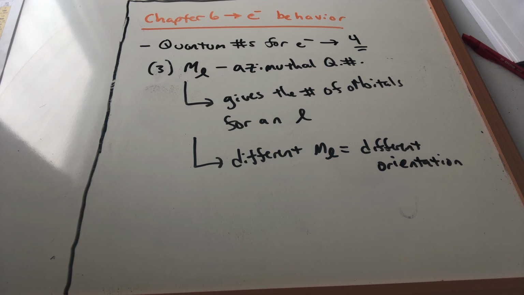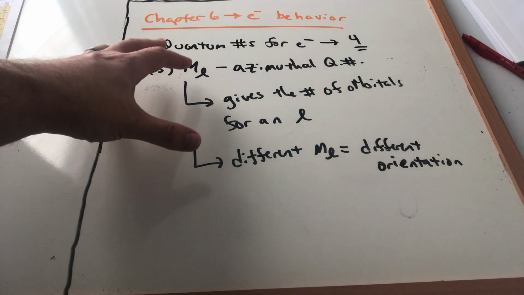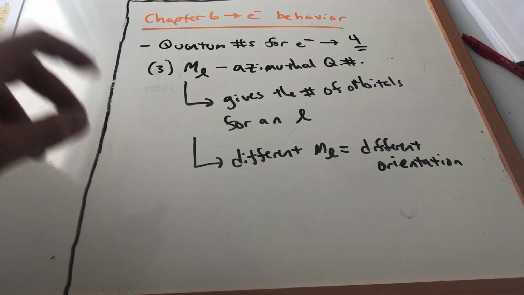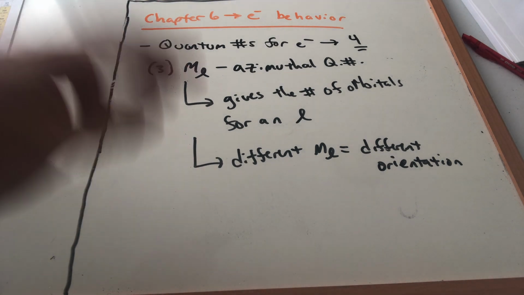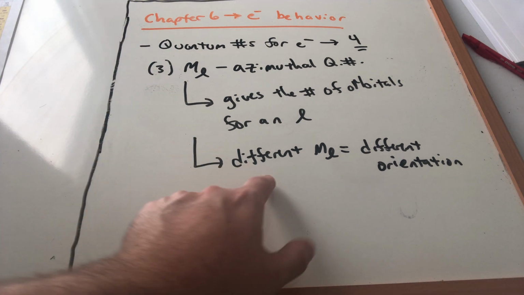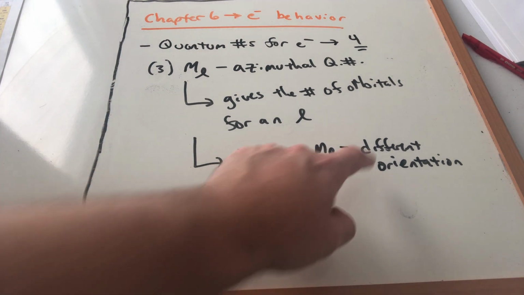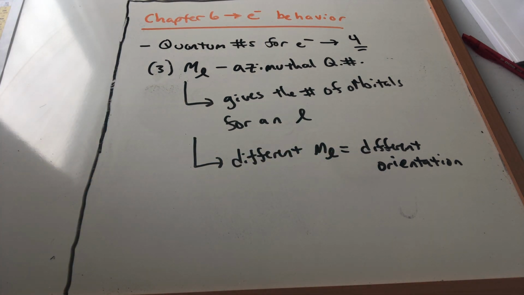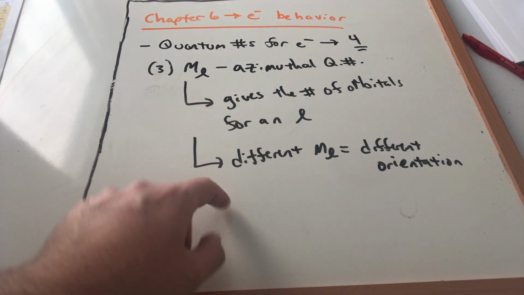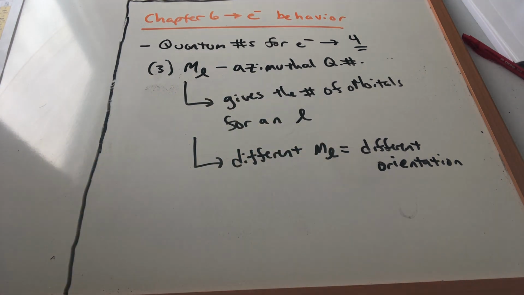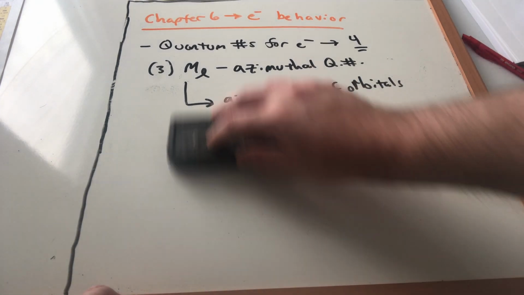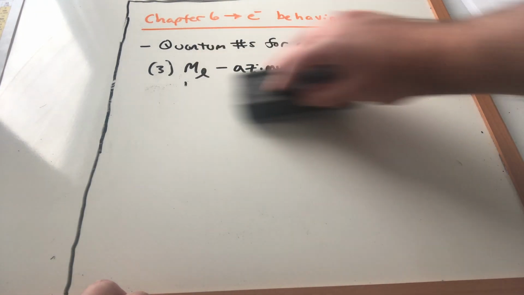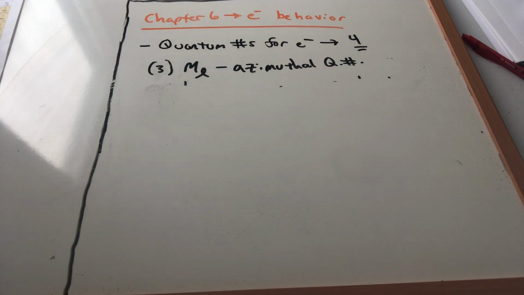And this 1, 3, 5, you'll see it all manifests from this quantum number rule. S orbitals are 1. P orbitals show up as sets of 3, each with a different m sub L, so each with a different orientation. D orbitals show up as a set of 5, each with a different m sub L and a different orientation.